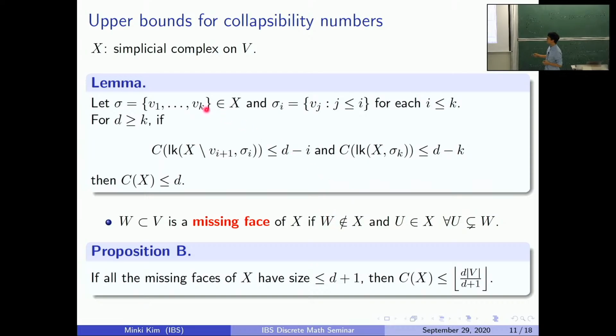So then using this lemma, we can prove that if all missing faces of X have size at most d plus 1, then X is d times the number of vertices over d plus 1 collapsible. Maybe I will write it down also. All the missing faces.